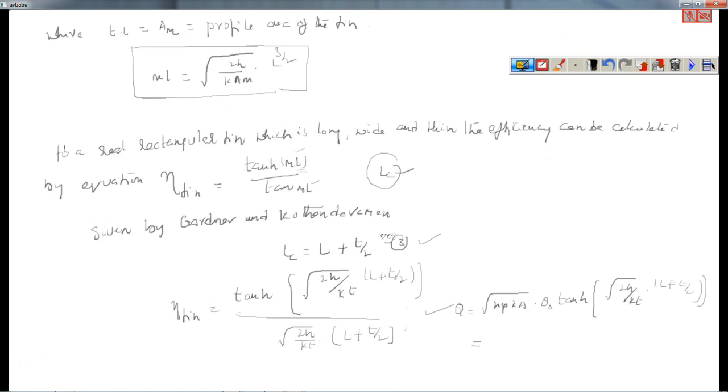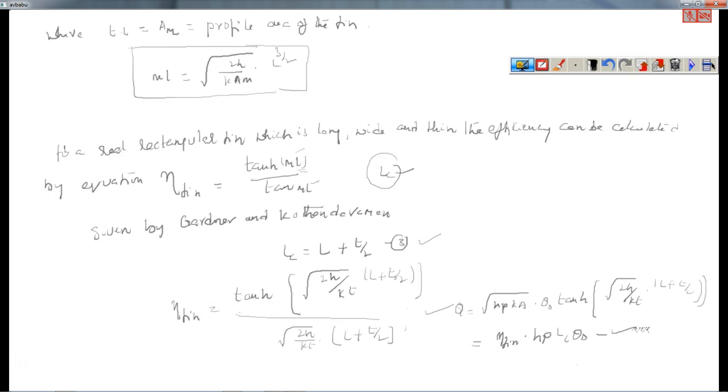Therefore Q fin is equal to fin efficiency times the actual maximum possible heat transfer, that is hP times corrected length Lc times theta 0. This you can use.